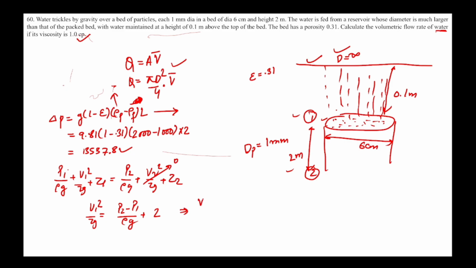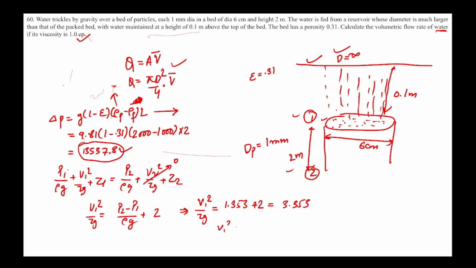So V1 square by 2G, if you calculate this by putting del P, P1 minus P2 is this, put this value, divided by 10 to the power 4, you will get 1.353. Okay, plus 2, 3.353.